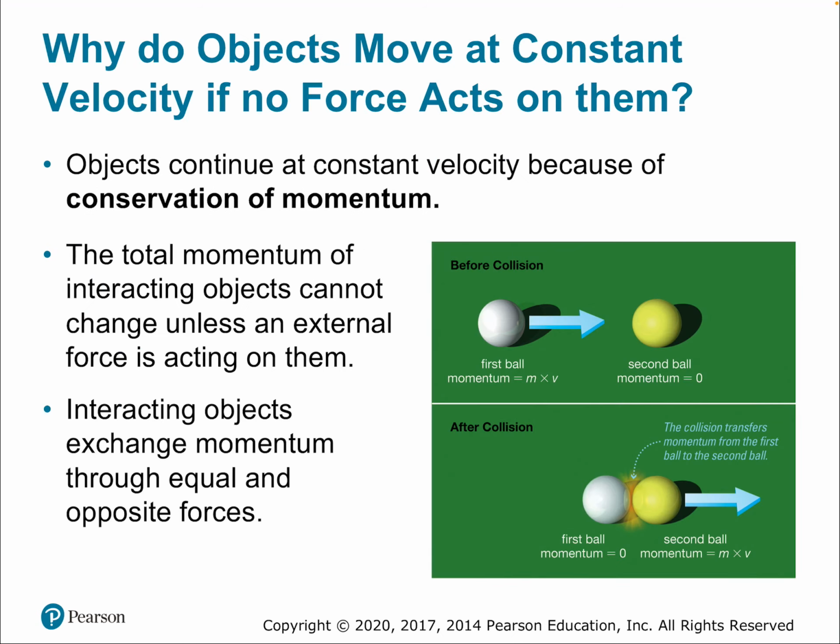Well, why do objects move at constant velocity if no force acts on them? Well, this is known as conservation of momentum. So this is the underlying idea under the name of a conservation law. Now, really, this is the same statement as Newton's first law of motion, but it's really helpful to think about what things are conserved in nature, because not that many things are conserved.